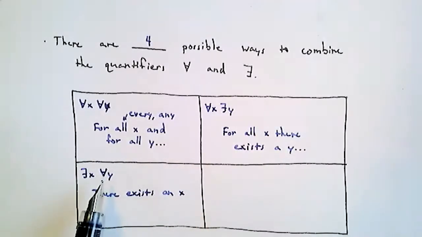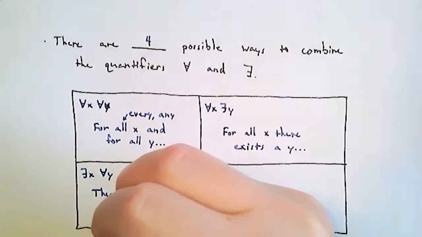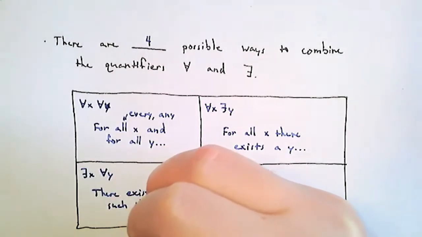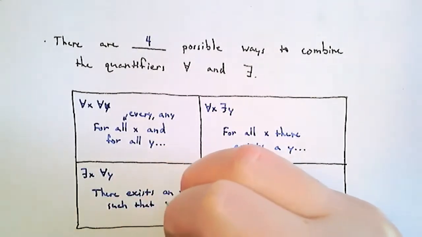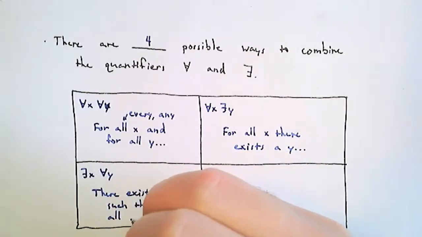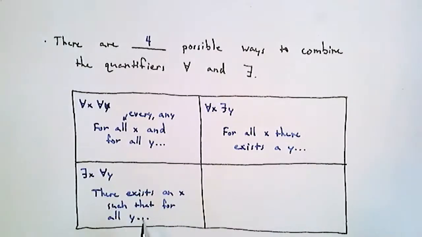And then this says for every y, or for all y. So in English, you might say such that for all y. And then you could finish it off with whatever you needed.